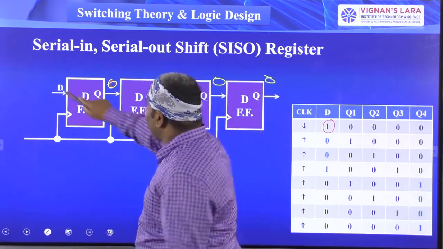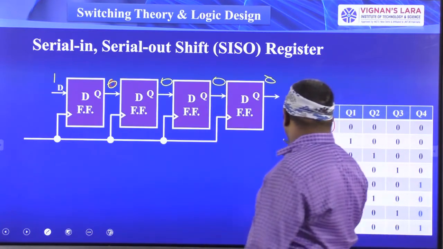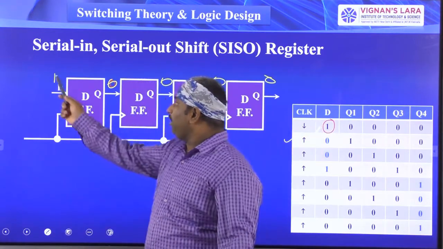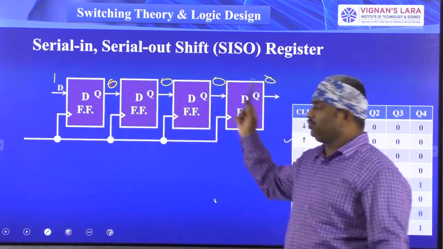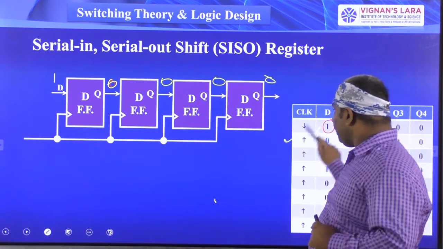So before giving the first clock pulse, the flip-flop input is 1, and the outputs are 0, 0, 0, and the last flip-flop output is equal to 0. Right?